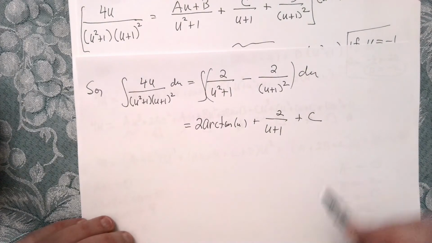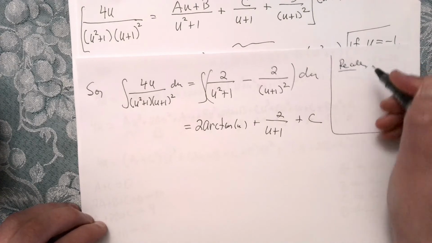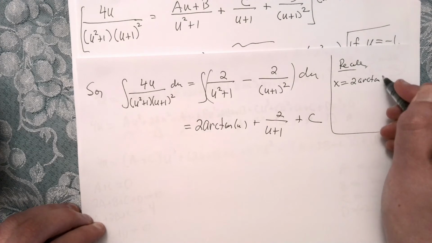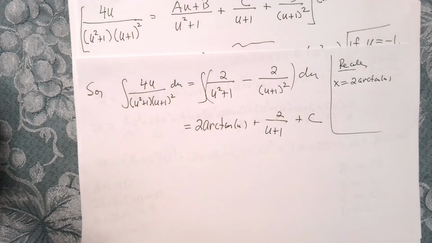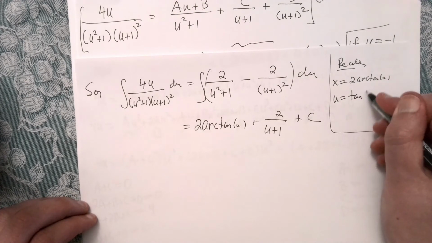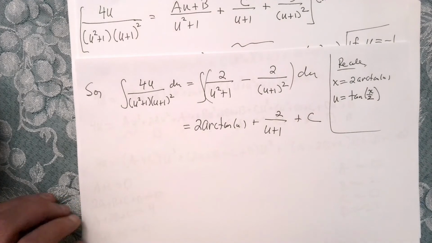Okay, so recall from before. So we can back sub, so recall that x was equal to 2 arctan of u. And so also recall that u is equal to the tangent of x over 2, since we're in the realm of Weierstrass substitution.